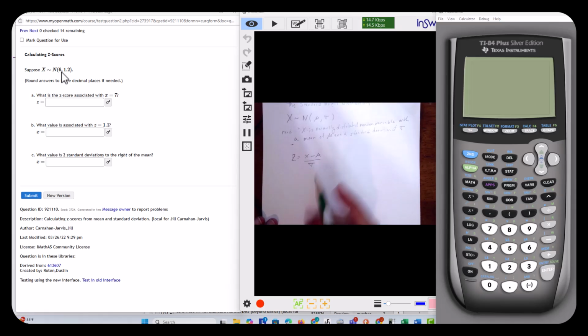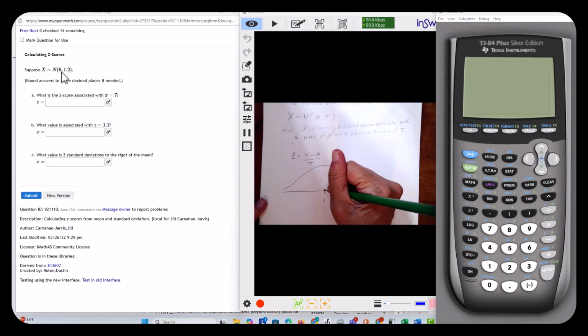I want to show you what a standard normal curve looks like. Again, you're given your data, and it's not telling you what the data looks like. But when you standardize it down, this is what your standard normal curve looks like. It's going to be a bell-shaped curve, and it is symmetric about your mean, which is going to be 0.